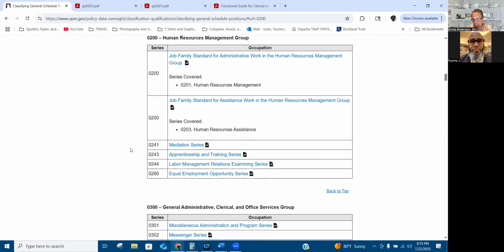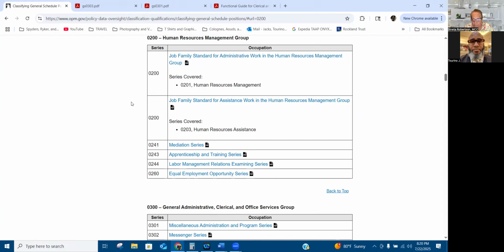The same thing with the HR specialist. If you're an HR specialist and you only do classification, your parenthetical is going to be classification. Same for an assistant. If you are a human resources assistant and you only work with the classification specialist, then your parenthetical is going to be classification. So it does not cross different lines. It's specific to everything in human resources.